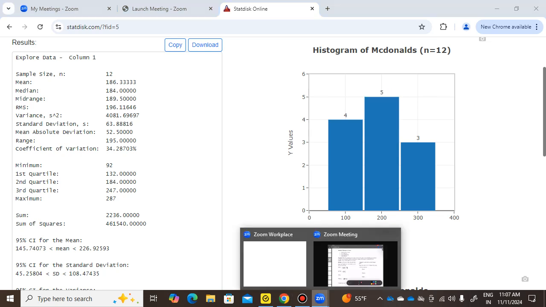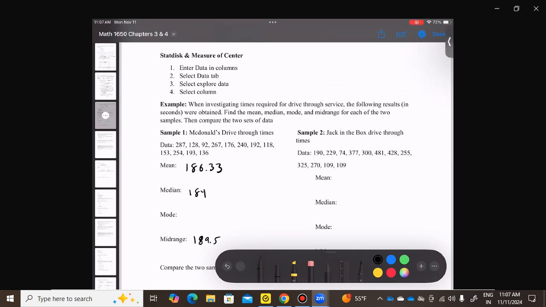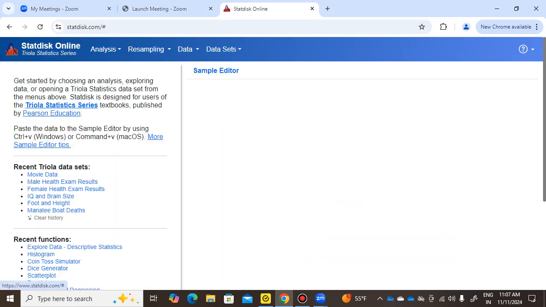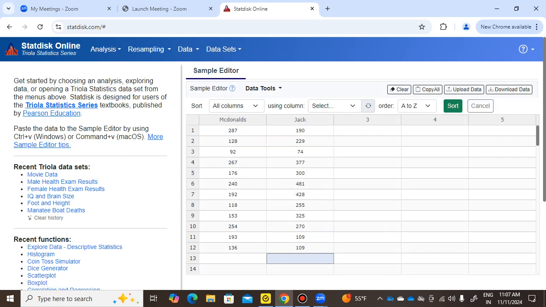We can also look at it and go back to the data and how many things repeat. I don't see anything that actually, let me look at the actual raw data. So I'll sort it.